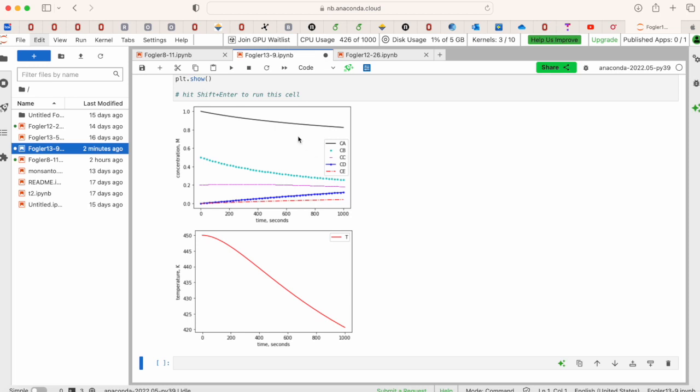So here's what I get for the first 1,000 seconds. I have A reacting away slowly, B reacting away slowly. I have C, which starts out at its initial concentration, goes up gradually and then starts to react away.